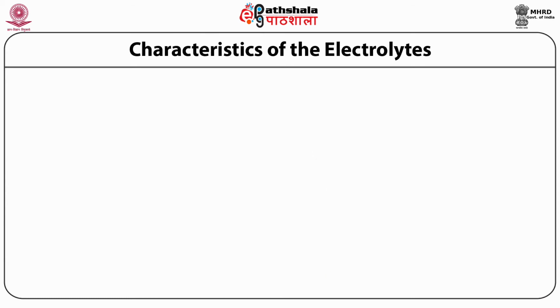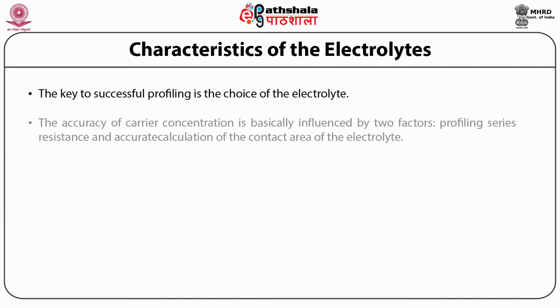Characteristics of electrolytes. Key to the successful profiling is the choice of electrolyte. Accuracy of carrier concentration is basically influenced by factors such as profiling, series resistance, and accurate calculation of the contact area of the electrolyte.